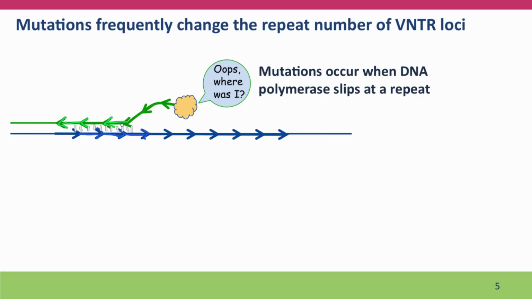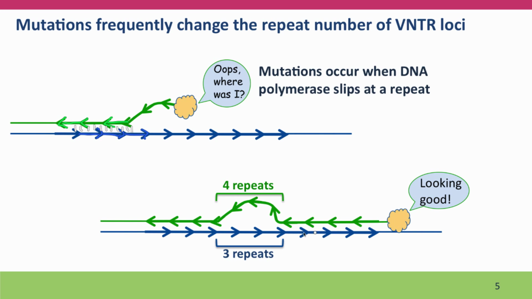But if the DNA contains repeats, short repeats like VNTR loci, it can come back at the wrong place in the string of repeats, as illustrated here. It should have come back so that this repeat here was base paired with this repeat here. But instead, it came back one repeat over.